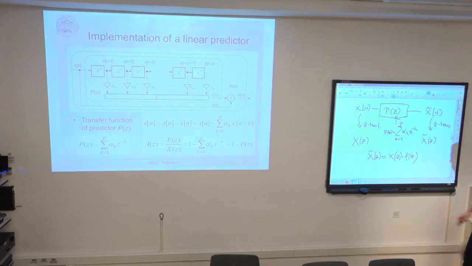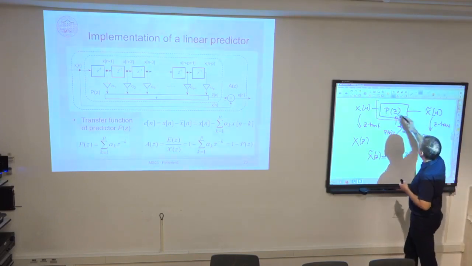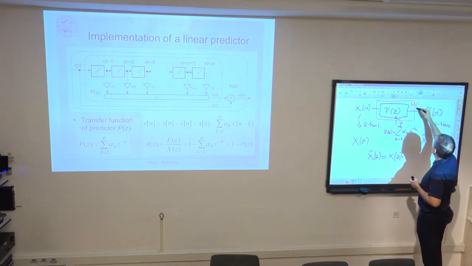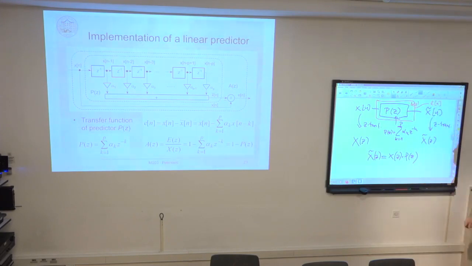Now, if I take this larger system, this A of z, its output is not x tilde, but its output is e of n, the larger system.